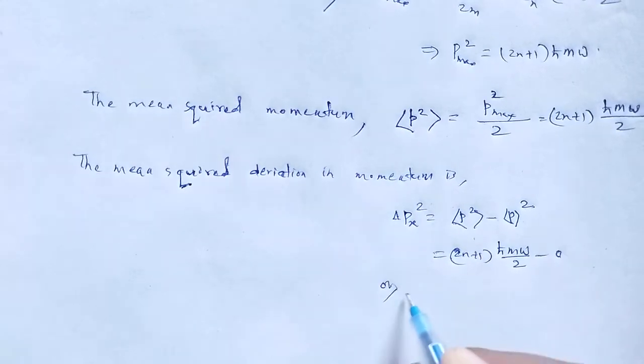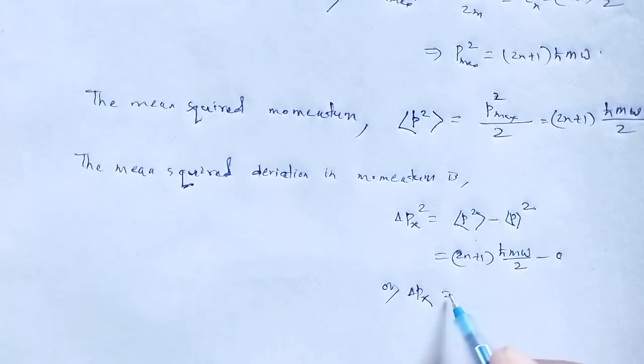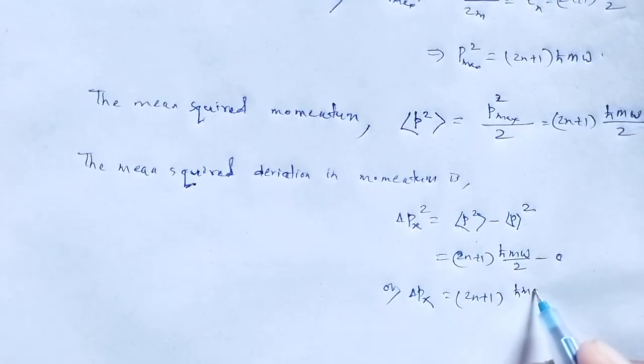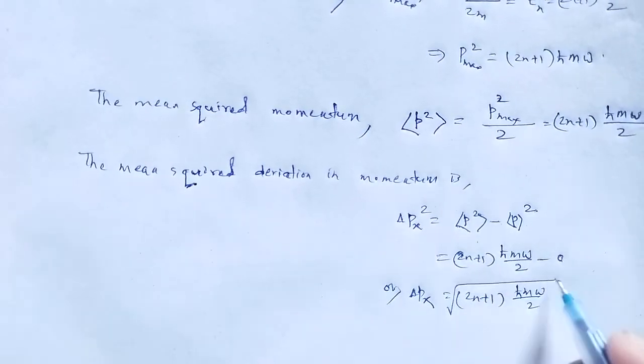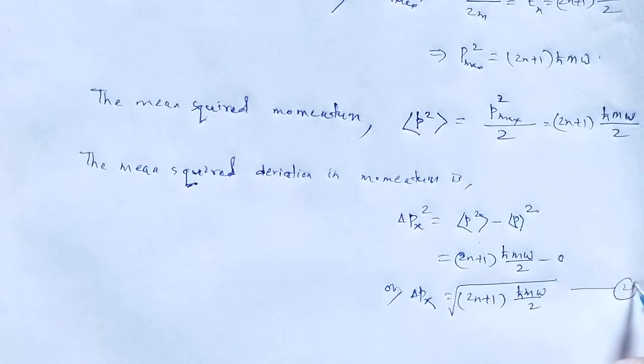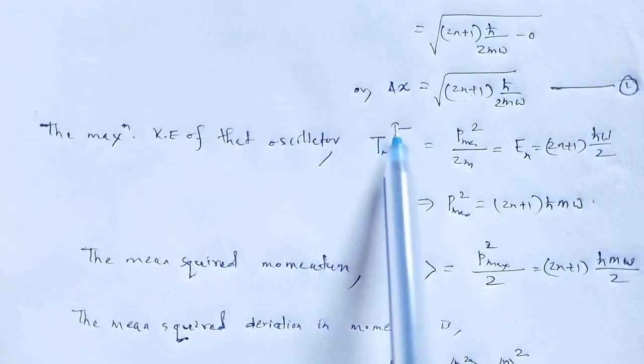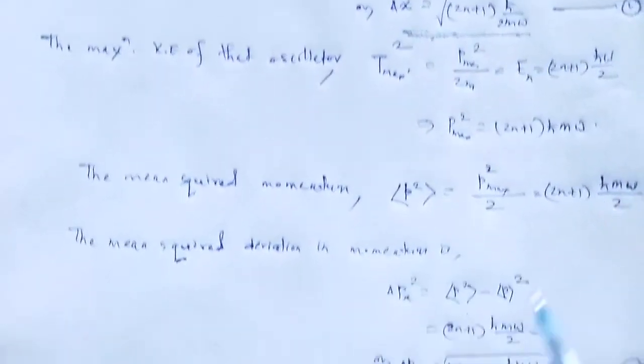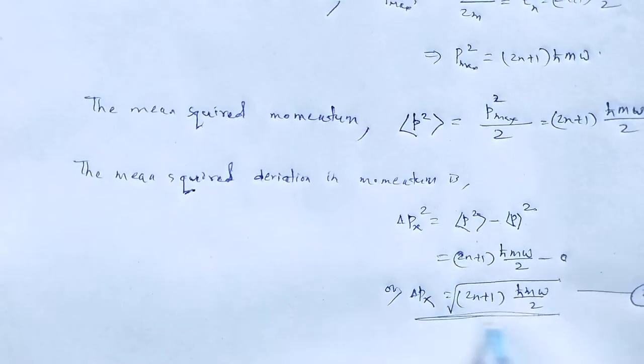So Δpx is equal to the square root of (2n+1)ħmω/2, equation number 2. That one is the uncertainty in position, the displacement, and this one is the uncertainty in momentum.